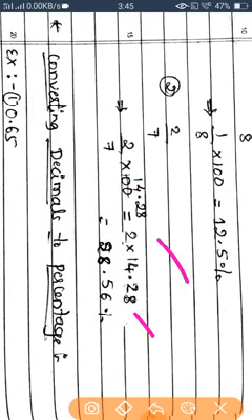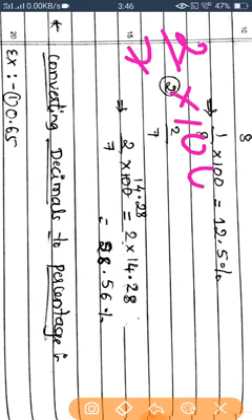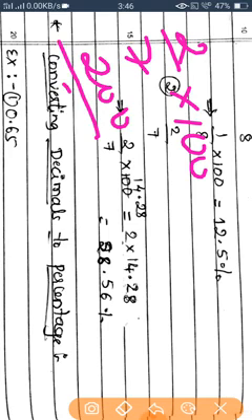Here also, 2 by 7 into 100, or else directly you can just multiply, 200 divided by 7.